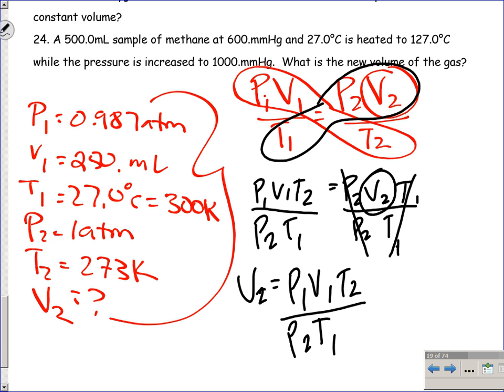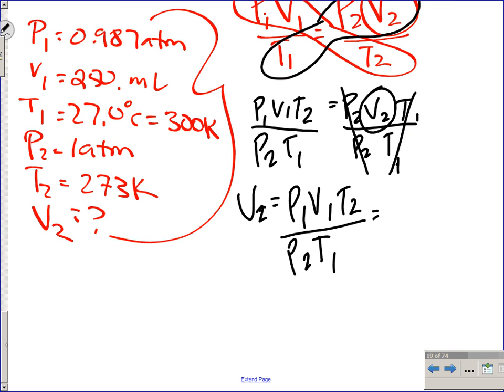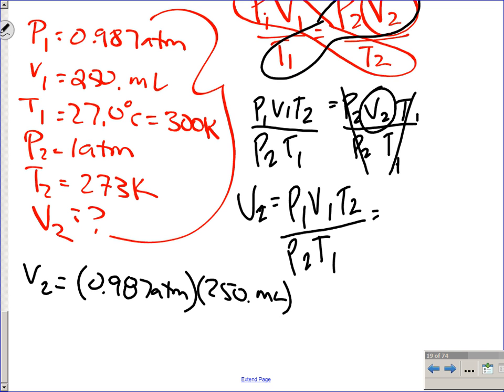I'm just rewriting it so I can plug my variables in. In just a minute. Let me finish this problem.